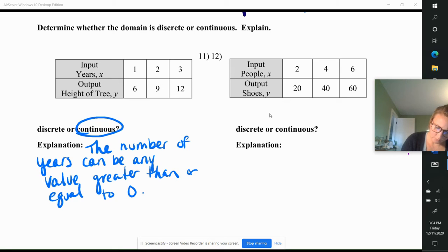So for example, 1.5 years is included in the domain.